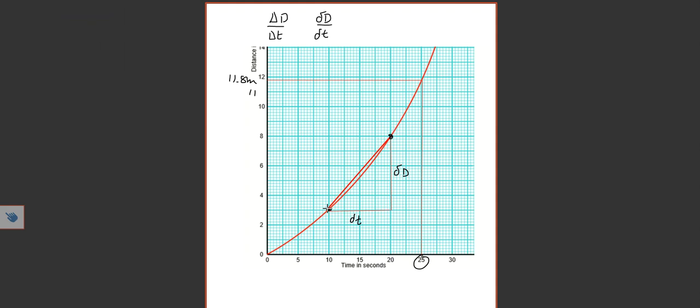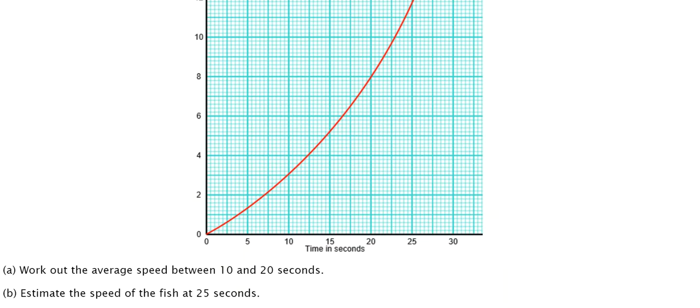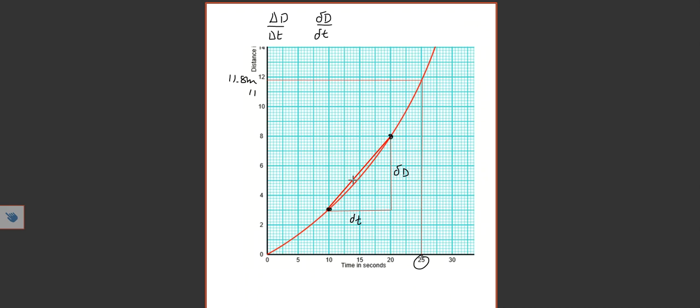So we've worked out the gradient between those 2 points as if it was a straight line. Do you see now why the question says work out the average speed? Because it doesn't actually give the speed at a point. We've estimated it by drawing a straight line, but we have done the gradient between those 2 points.